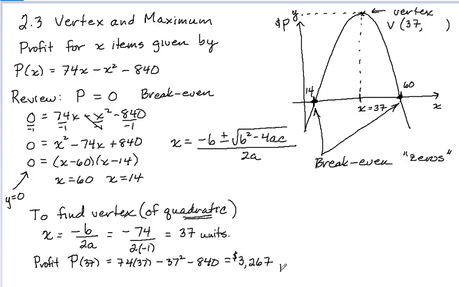That's dollars profit, and that profit only happens when x is at that maximum value, the value that produces the maximum, when x is at 37. Okay, so the vertex is at (37, 3267).